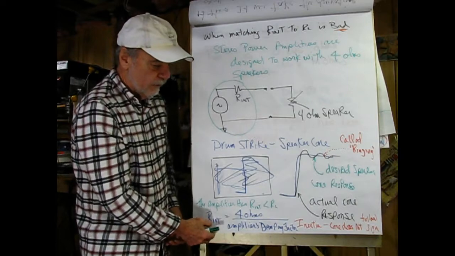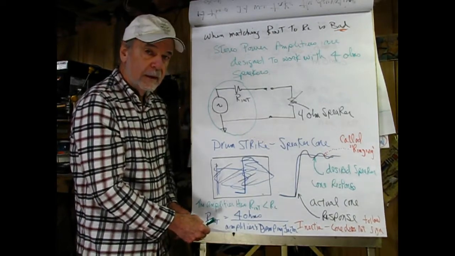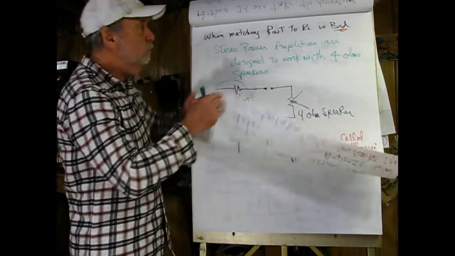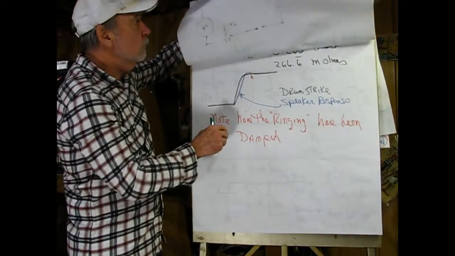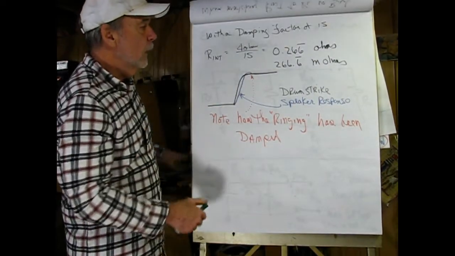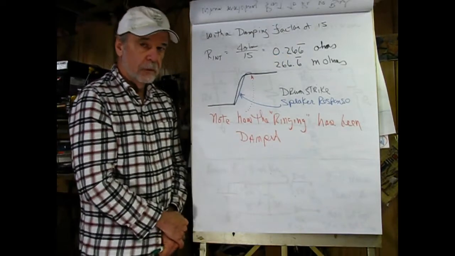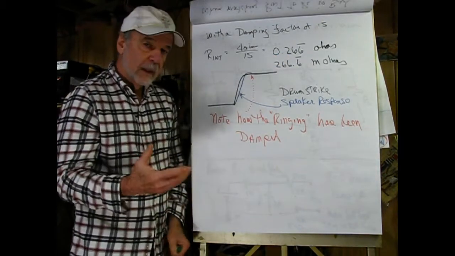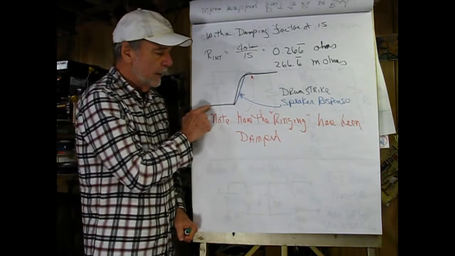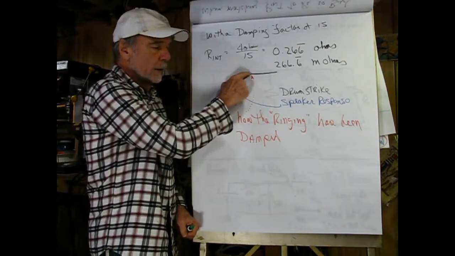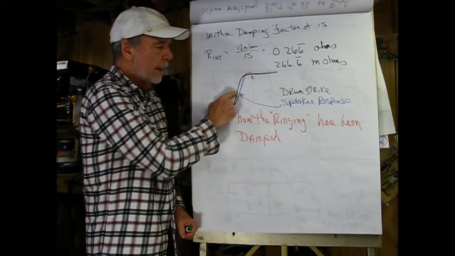And if we say we have a damping factor of 15, it comes out to be quite low. As a matter of fact, 0.266 repeating ohms.